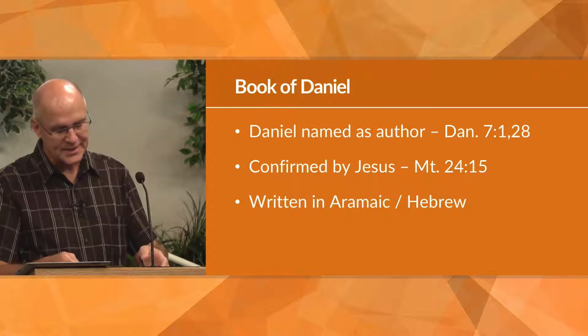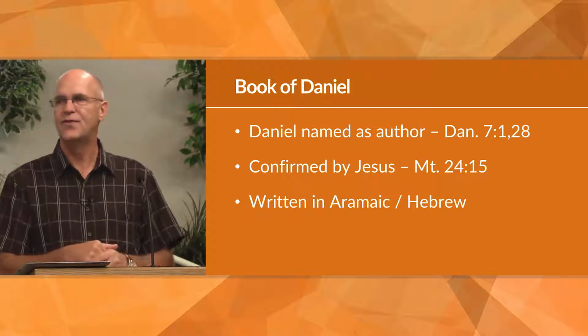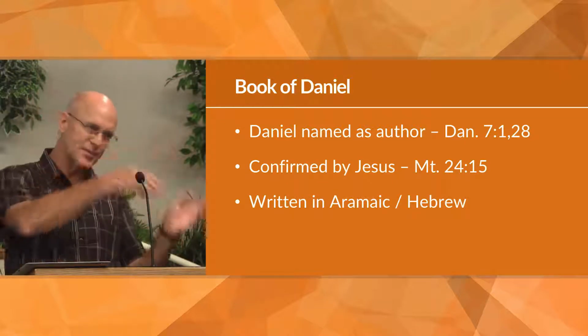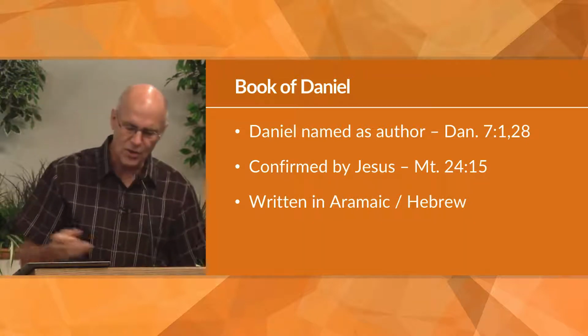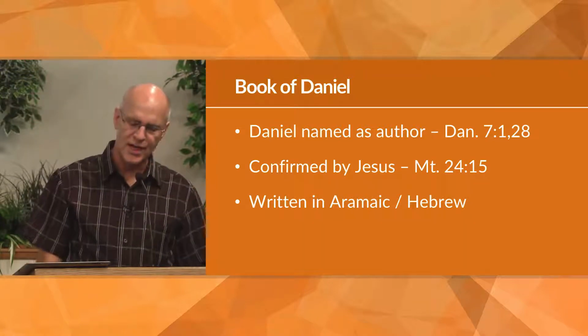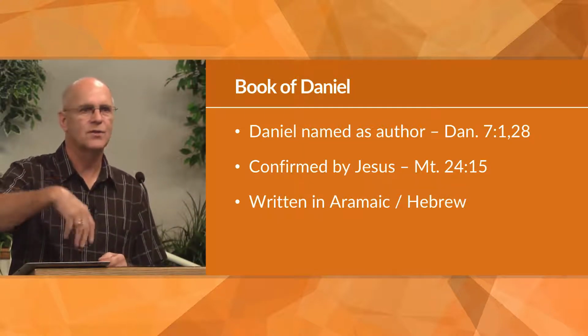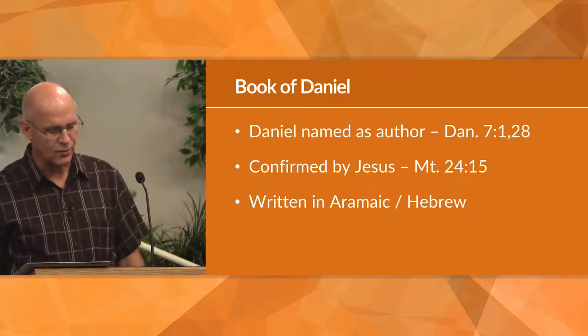It was confirmed as Daniel's work by Jesus himself in Matthew 24 verse 15. So not only does Daniel name himself, Jesus names Daniel as the author of Daniel. So we don't have a lot of arguments there. It was also accepted by the Jews and early Christians. In other words, this book was considered authentic by the Jews and by early Christians.